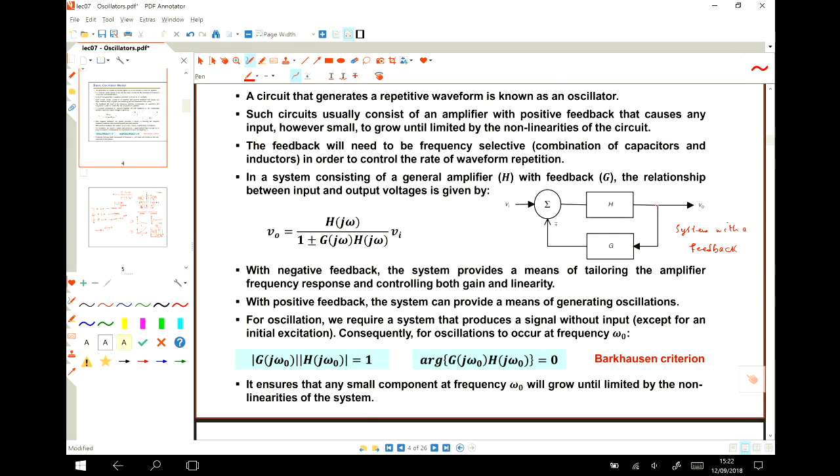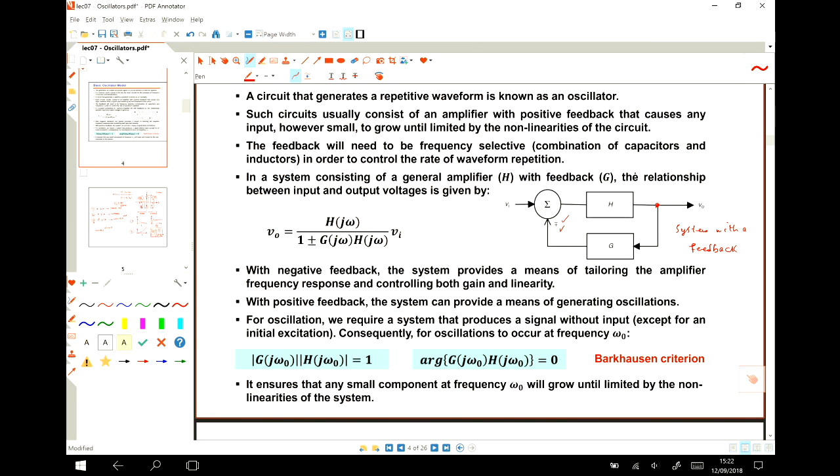So we get a feedback from the output, pass it through another network, and then add it to the input. This addition could be positive or negative. I mean, we can have a positive feedback or negative feedback. Usually we use negative feedback to have control over our system. You learn this in your control course, all right?